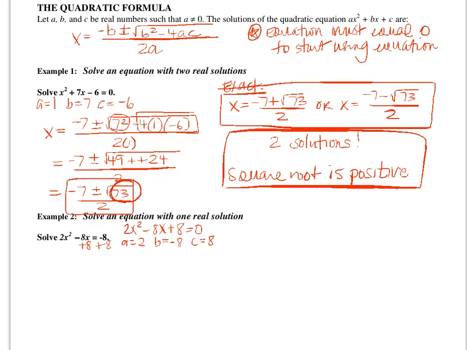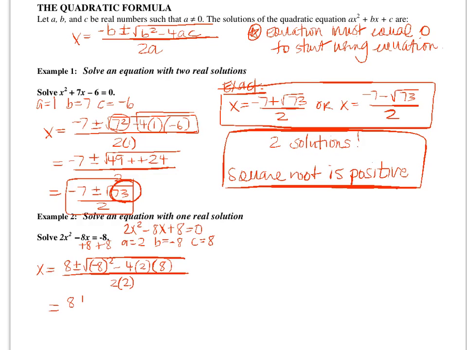Okay, here we go. X equals the opposite of b. Well, b is already negative, so that makes it a positive 8 plus or minus. I take negative 8 and square it. Now, you'll notice I put that in parentheses. That's pretty important going through. Minus 4 times a is 2 times c is 8 all over 2 times a is 2.